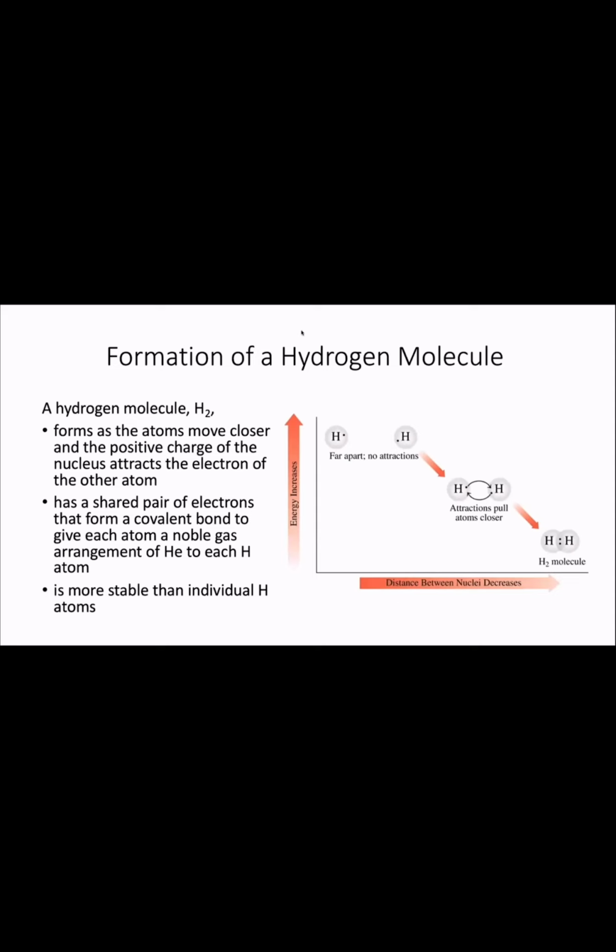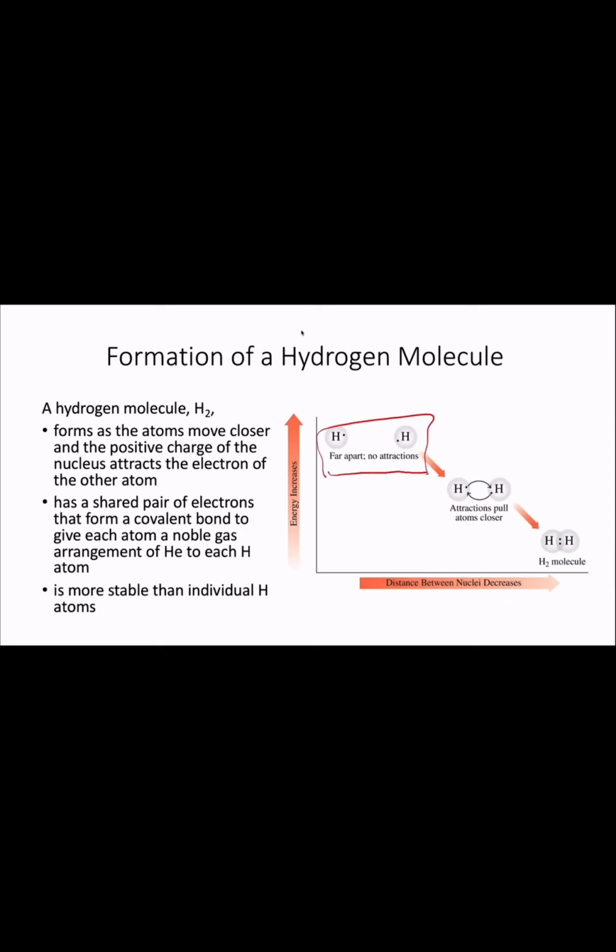One of the interesting parts is, you might ask, why is it that hydrogen exists as a molecule instead of a single element, with a subscript 2? Let me give you an energy diagram. When you have two hydrogens apart without bonding, there's no attraction and their energy is high.